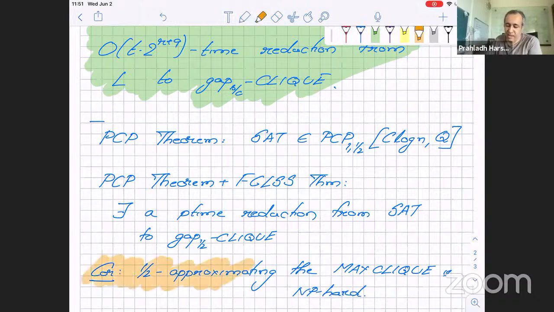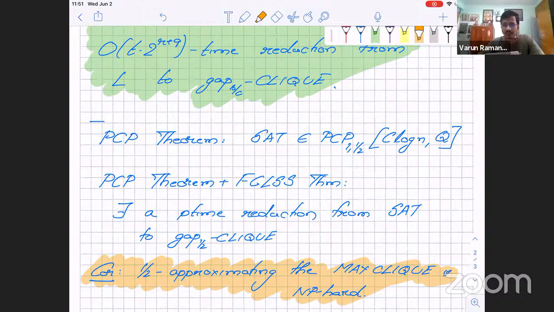I said even 1 by n approximating, or a little more than 1 by n, is NP hard. We'll come to that later, but right now this is all we have, and we will see how to prove this. Is this clear?